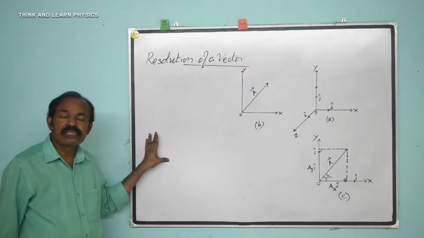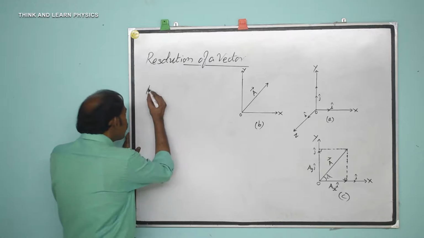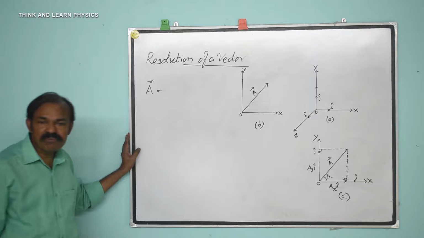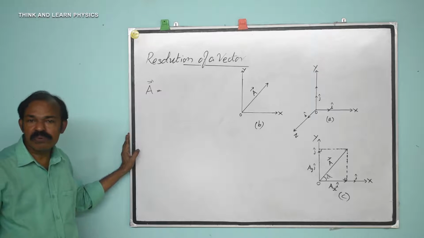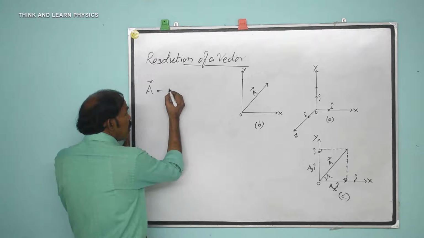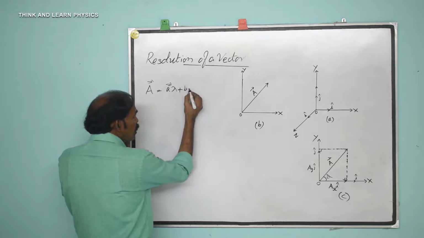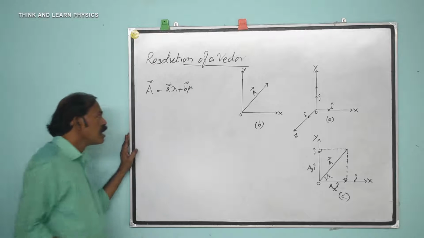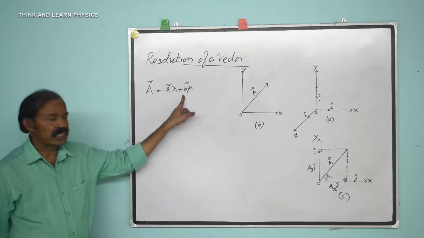We have seen the method by which a given vector, capital A vector, is expressed in terms of two other given vectors, small a vector and small b vector, in its own plane, like lambda into a vector plus mu into b vector.